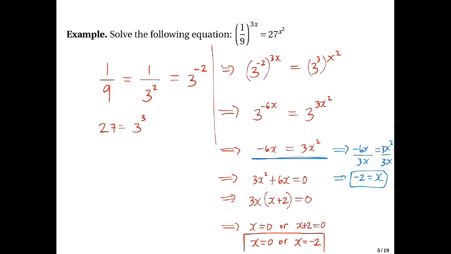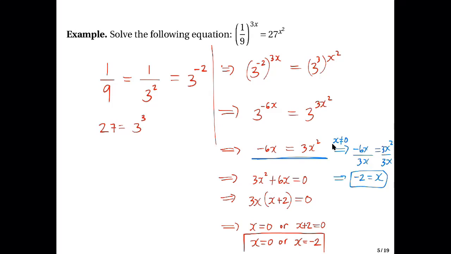Meaning, you are assuming that x is not equal to 0, because of course, if x equals 0, then this cannot be done. So when you do this, you are assuming this case. You are adding a condition.